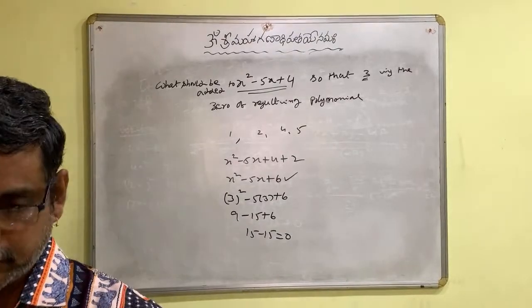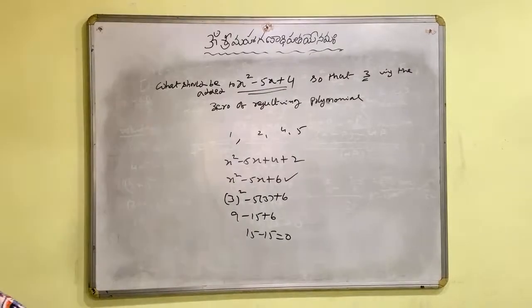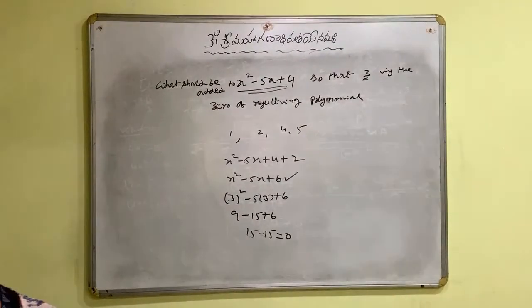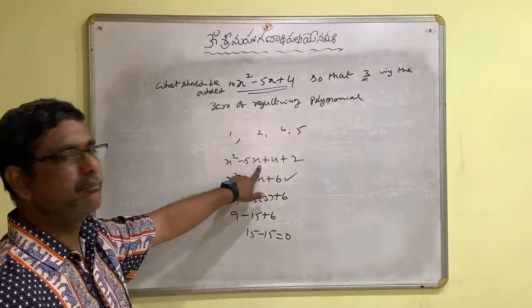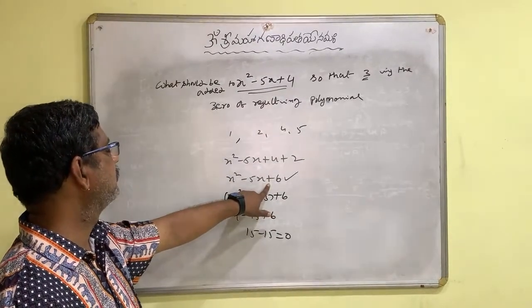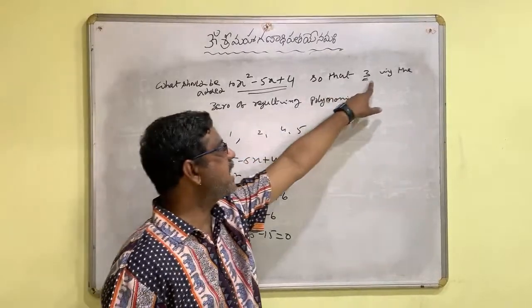Excellent. So we need to add 2 to the given polynomial so that for the resulting polynomial 3 is a zero.